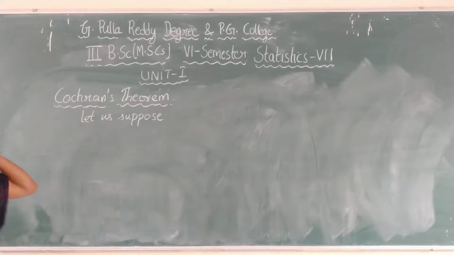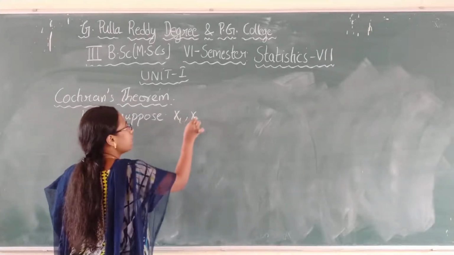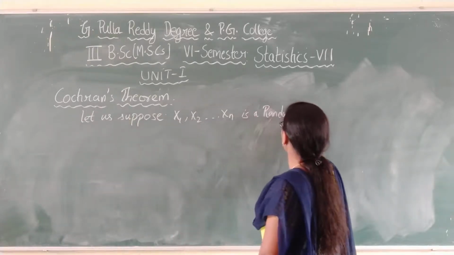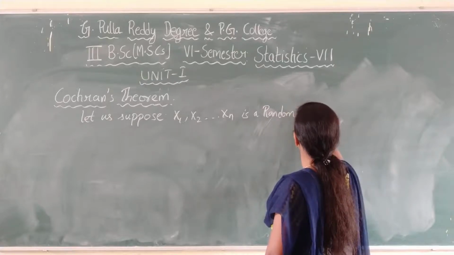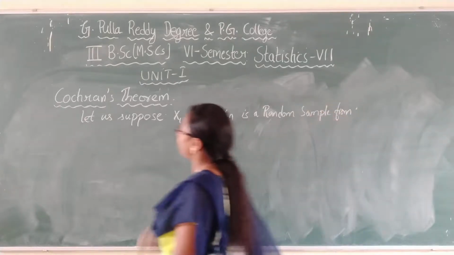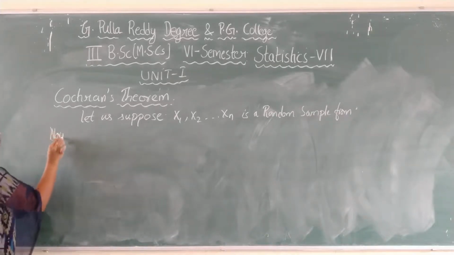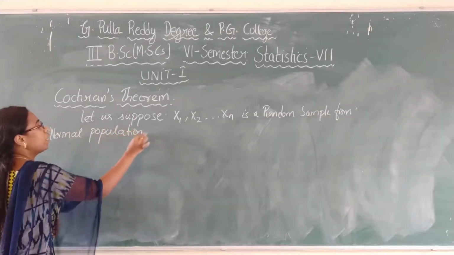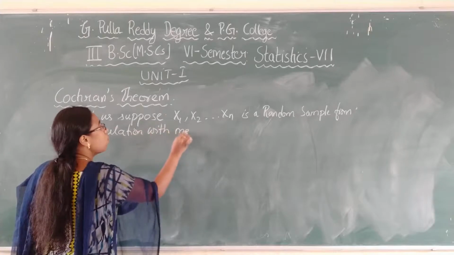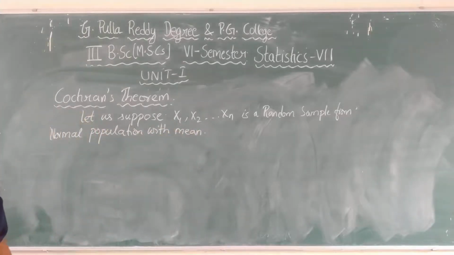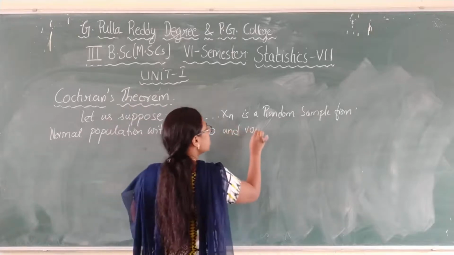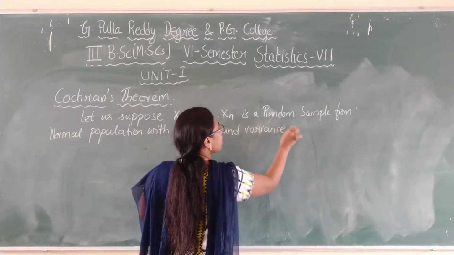We are considering x1, x2, so on, xn as a random sample from the normal population with mean 0 and variance sigma square.